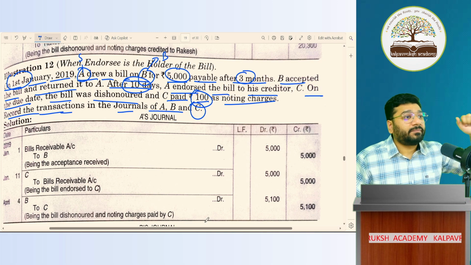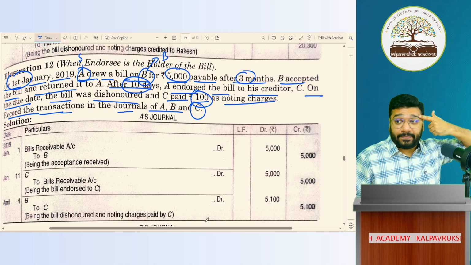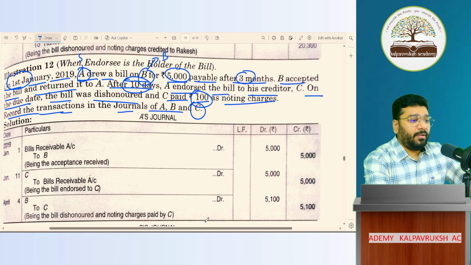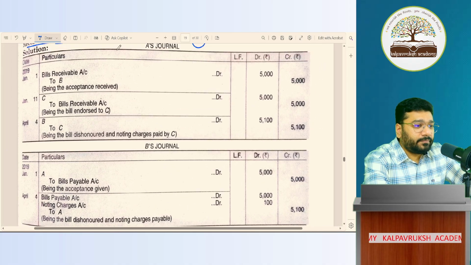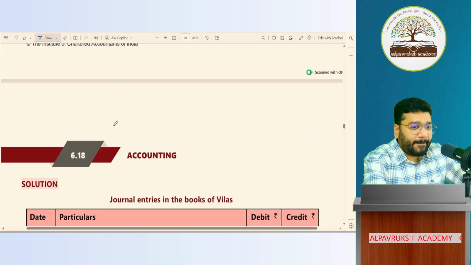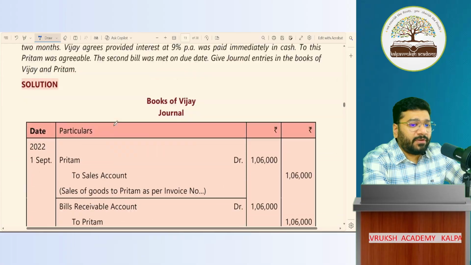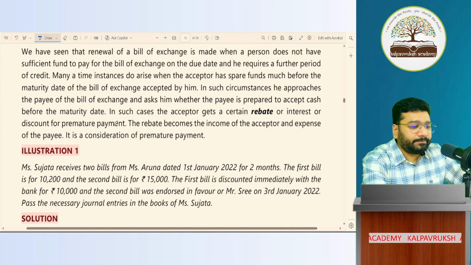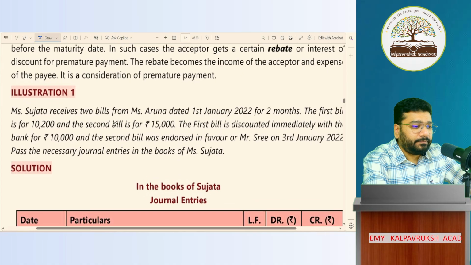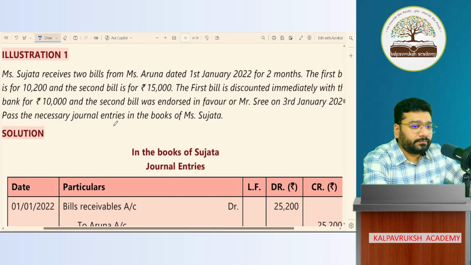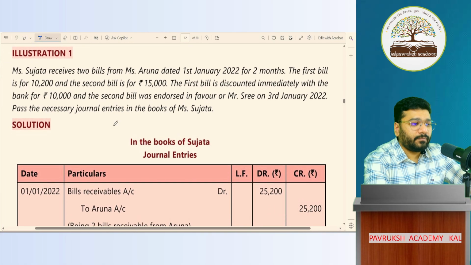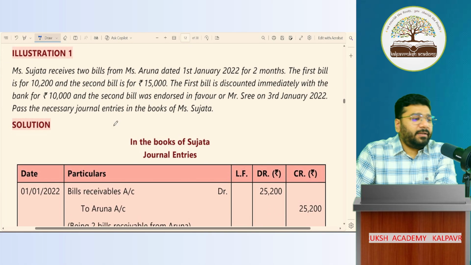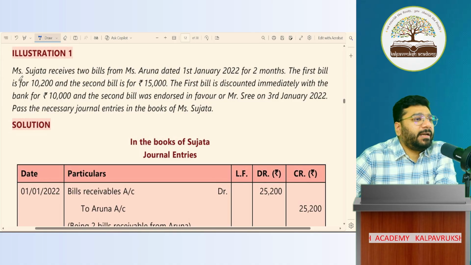Can somebody get me a phone from Anita, ma'am? He's got one phone. My phone. Let's do one question from ICA module. Take illustration 1, people. Illustration 1. Now, it says that, let him come.